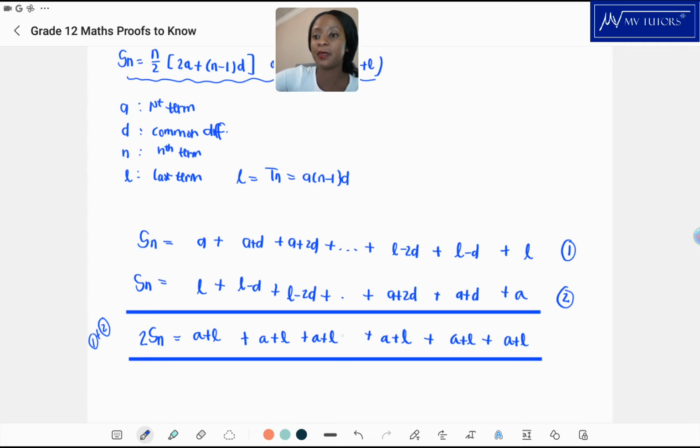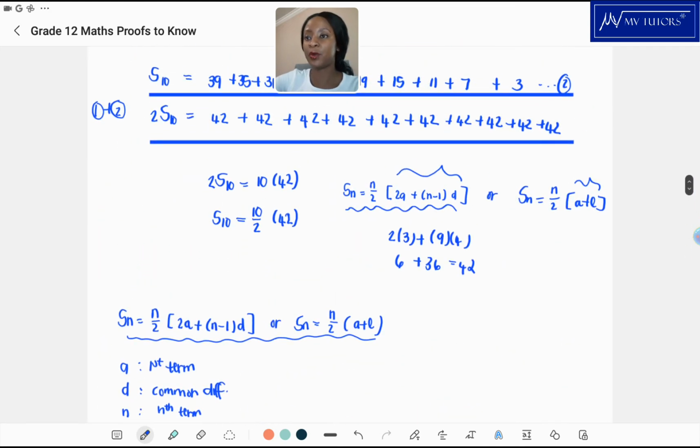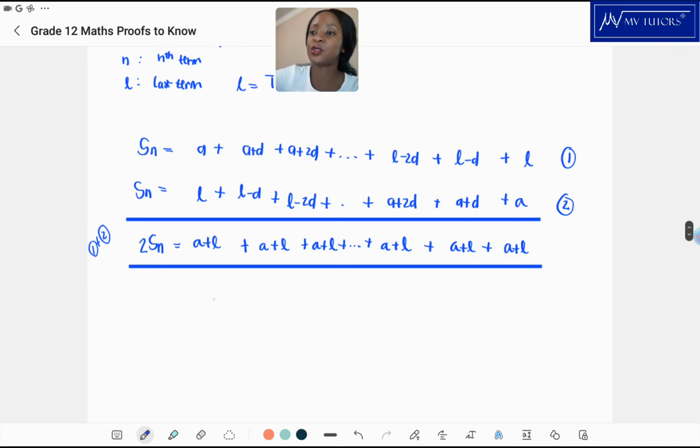So now we can say, like we had done here before, at this step, 2 s n is equal to n lots of a plus l.